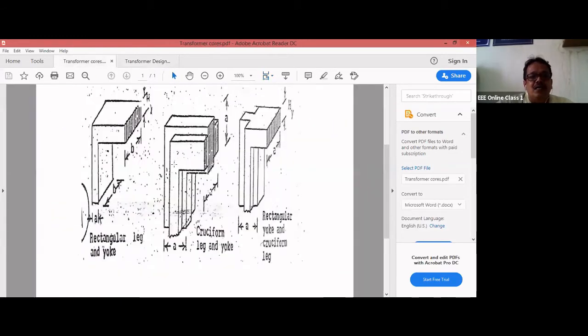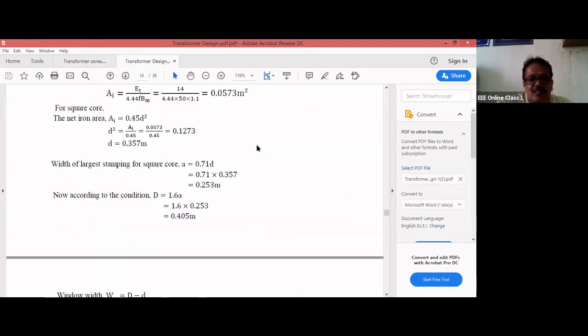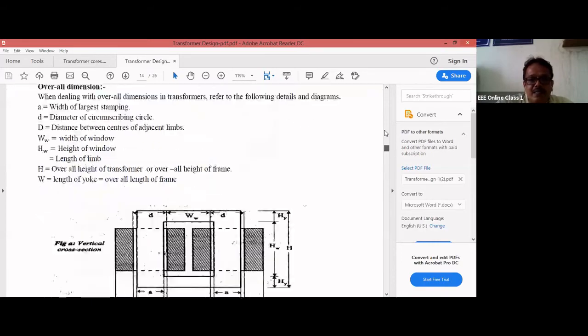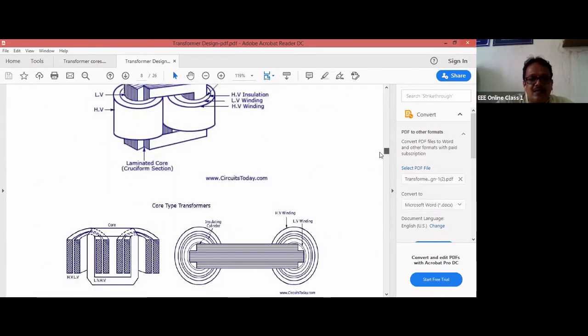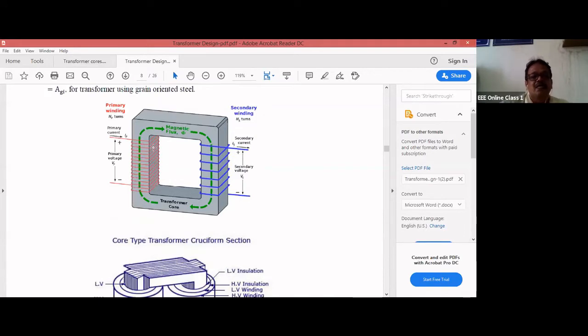If you have the figure, go back to the figure. Let me explain regarding that, and I'll come back. This figure I'll take. See here, this is called the window area. In that, how much you're going to wind the primary winding and secondary winding.